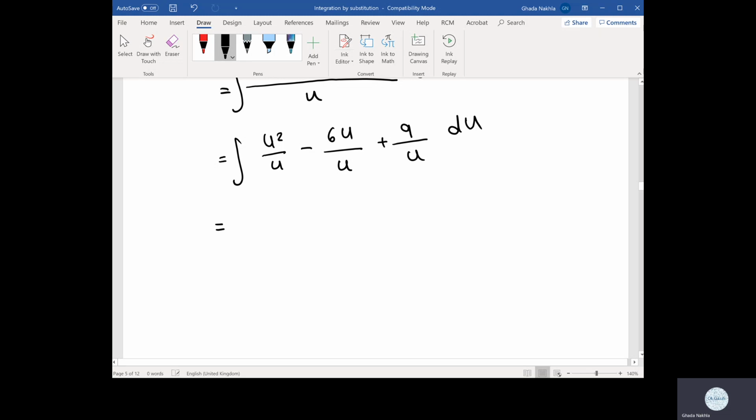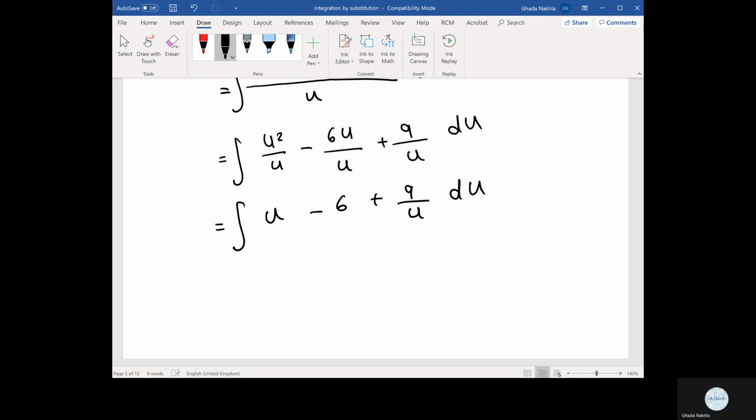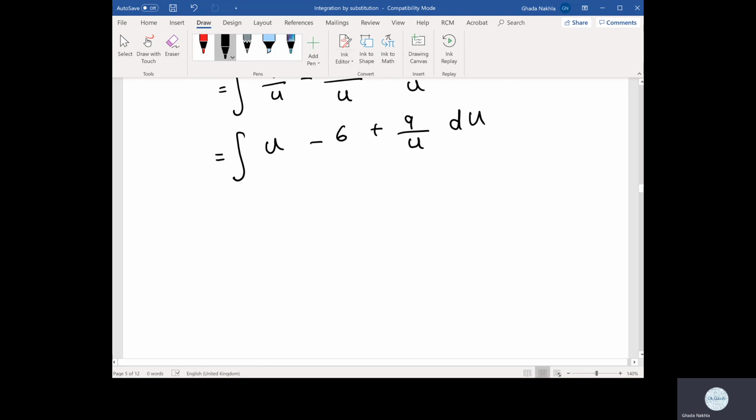I can go u squared divided by u is u, minus 6. u divided by u will disappear. Plus, let's leave 9 over u alone. du. Okay, integration. It's all now in terms of u. It's very simple, straightforward.